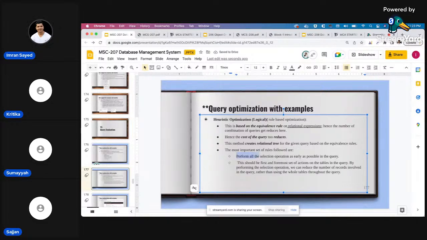Perform all selection operation as early as possible. This should be the first and foremost set of actions in the tables of the query. By performing selection operation, we can reduce number of records.